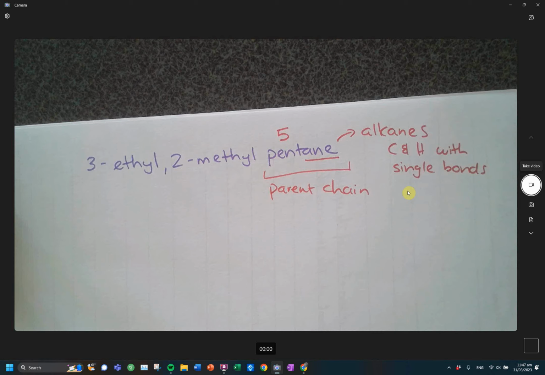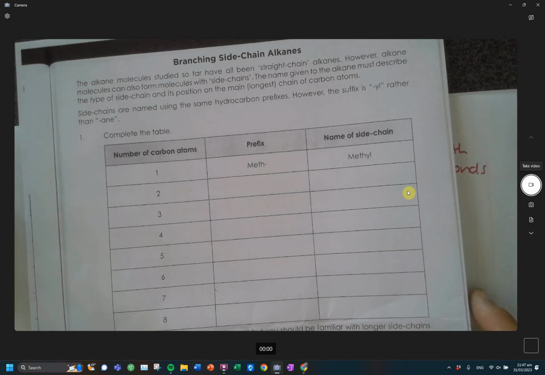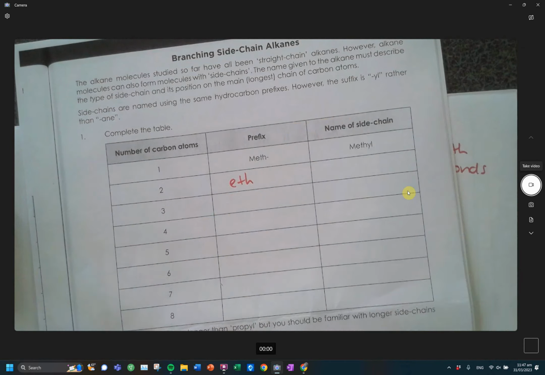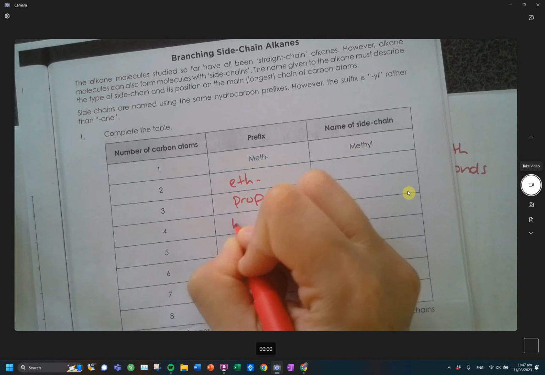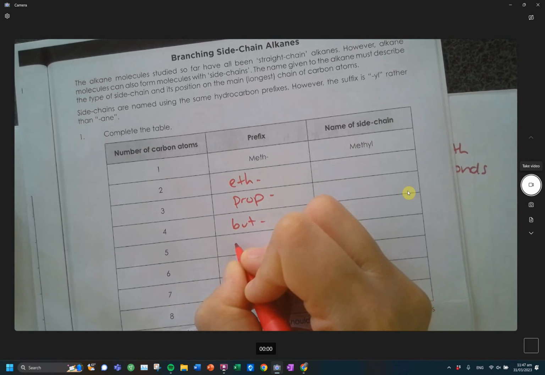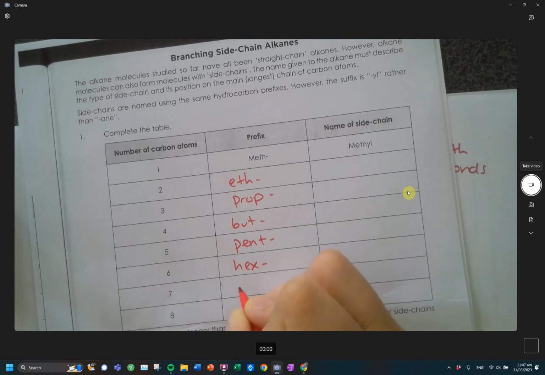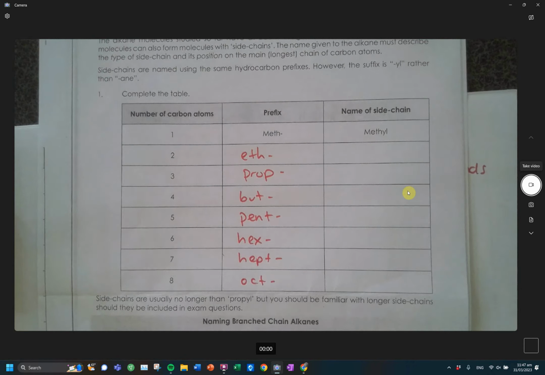So just as a reminder, some of the things we talked about: 2 is eth, 3 is prop, 4 is but, 5 is pent, 6 is hex, 7 is hept, 8 is oct. Just so you guys are aware of that. And then 9 is non, and then 10 is dec. We went all the way up to 10 yesterday in my notes.